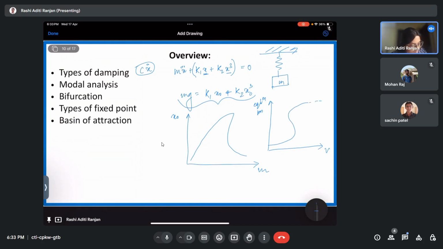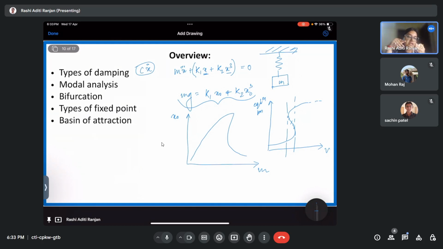So here you can see this part is my unstable equilibrium. When I keep increasing the voltage, my material is viscous, it has damping in itself. So if I apply voltage, it would oscillate by some amount and then stabilize.